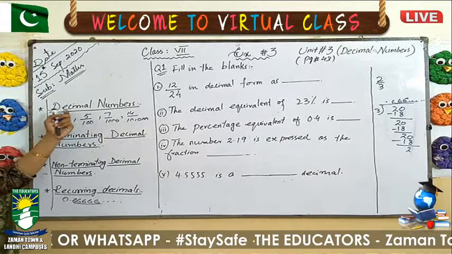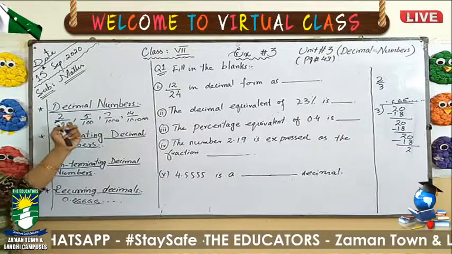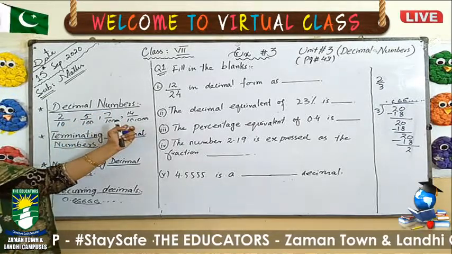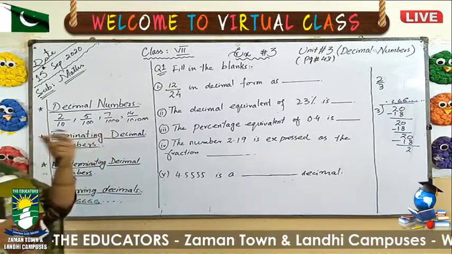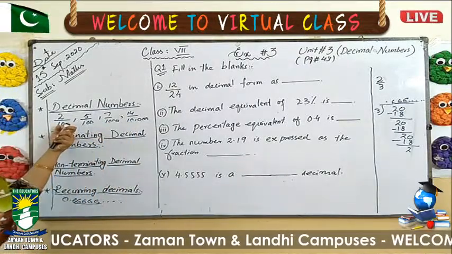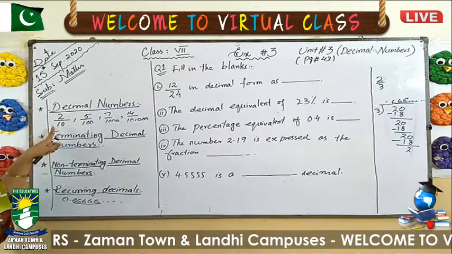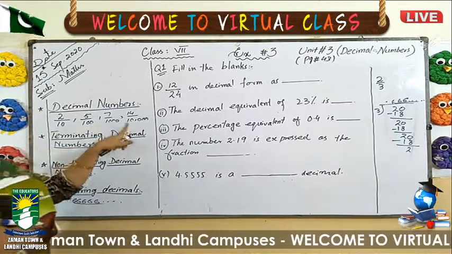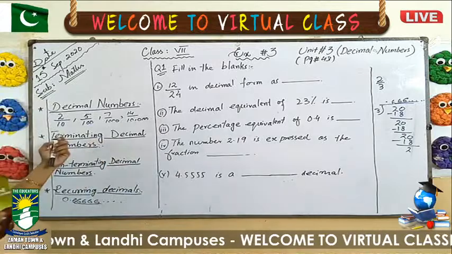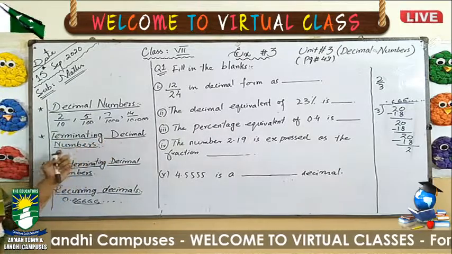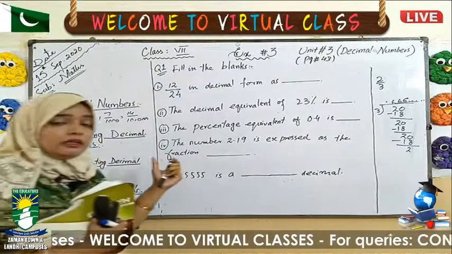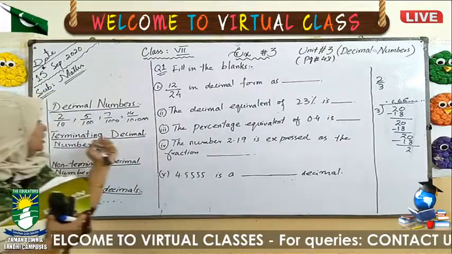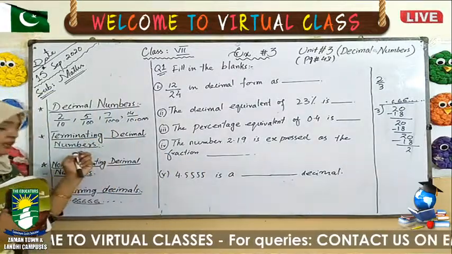Again I repeat, decimal numbers are those numbers which have a denominator that is a power of 10. What do we mean by a power of 10? These are denominators like 10, 100, 1000 or any other. Now, terminating decimal numbers: if you have finite numbers after the decimal, then these are known as terminating decimal numbers.